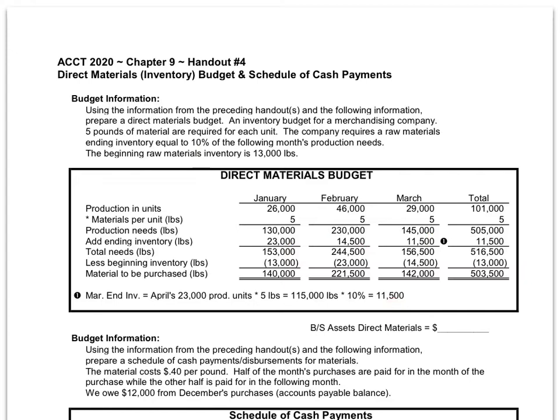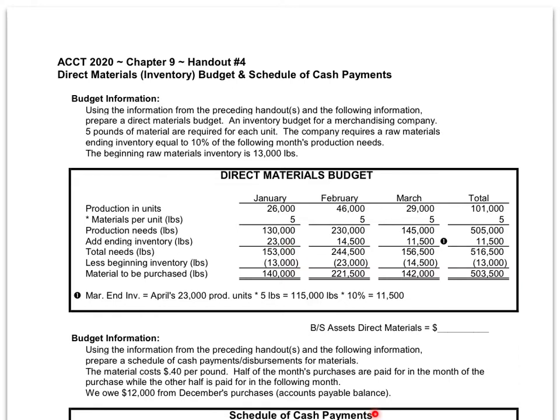So March's ending inventory is 11,500, which is 10% of what we're going to need in April. All right, so you add those two numbers together, you get your total needs. The beginning inventory was given to us, and even if it hadn't been given, remember the beginning inventory for January would be what we needed at the end of December.